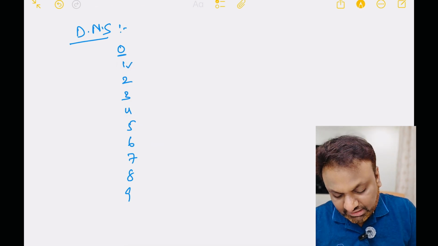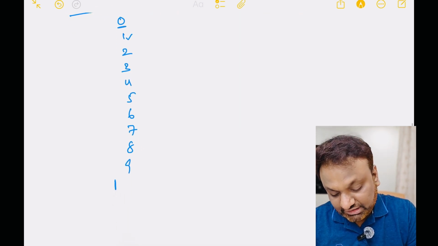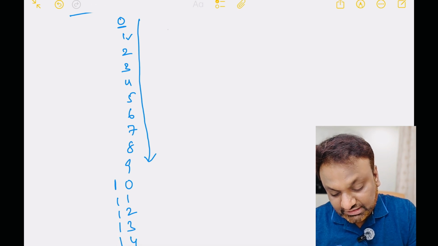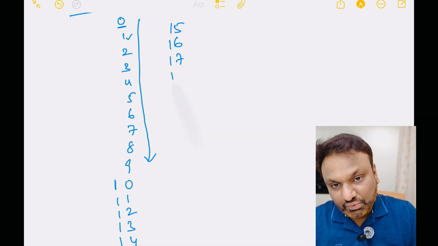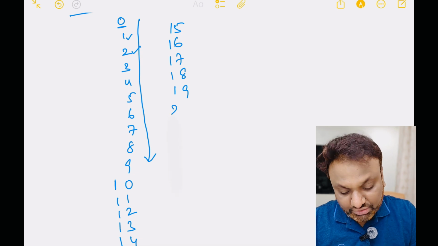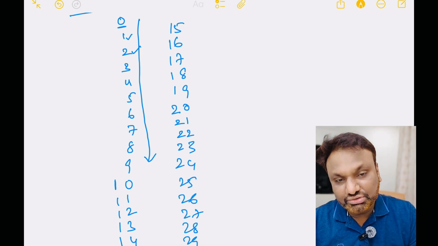Then the same sequence from top to bottom is repeated: 10, 11, 12, 13, 14, 15, 16, 17, 18, 19. Once all the numbers are completed, we take the next number, 2, and repeat the sequence: 20, 21, 22, 23, 24, 25, 26, 27, 28, 29. After that you start with 30.